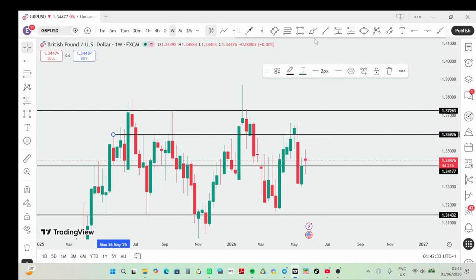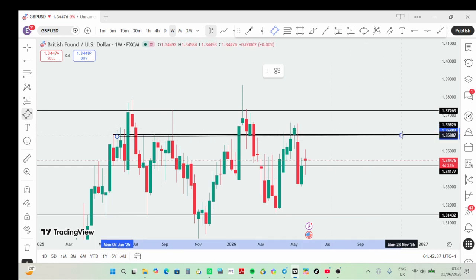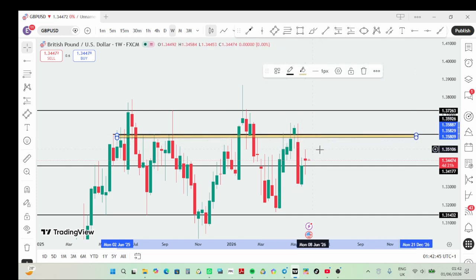Let's do it that way. So I'll just put my zone so I can occupy the space. Yes. There is a weekly rejection to the upside. That's a weekly resistance level.